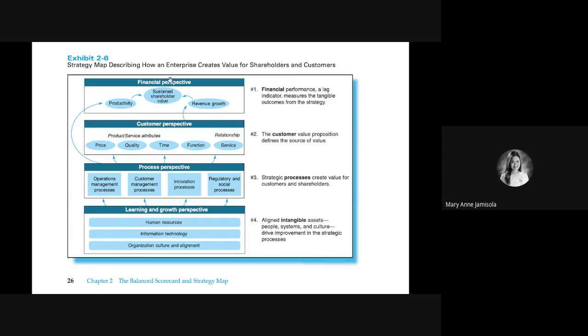So for the financial perspective, kani siya nga mga items here, these are actually their objectives. So they want to achieve sustained shareholder value through increased productivity and revenue growth. Now, financial performance here under financial perspective, we call them lag indicators. Anong lag indicators man?